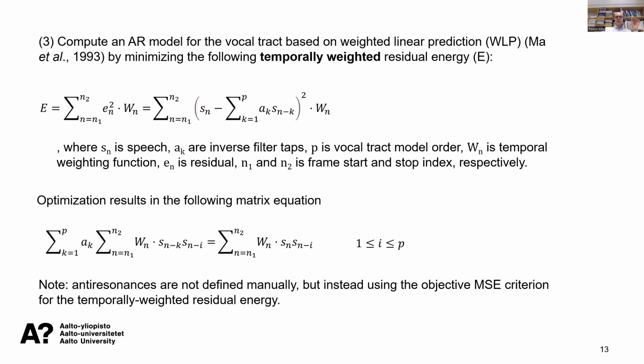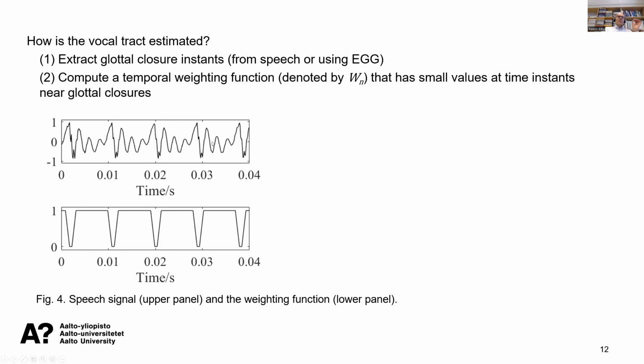Using this simple weighting function, we tell the mathematics that those sections of the sound which take place in the vicinity of the glottal closure instant are very much affected by the source, not by the tract, because there's a very abrupt high energy excitation coming from the vocal folds at those instants.